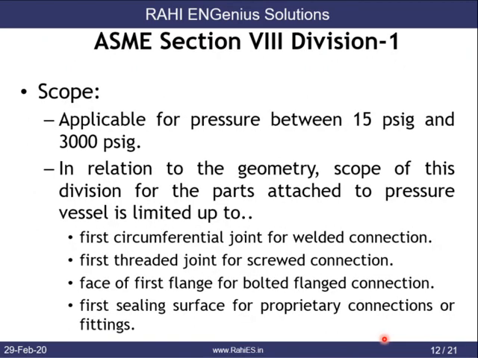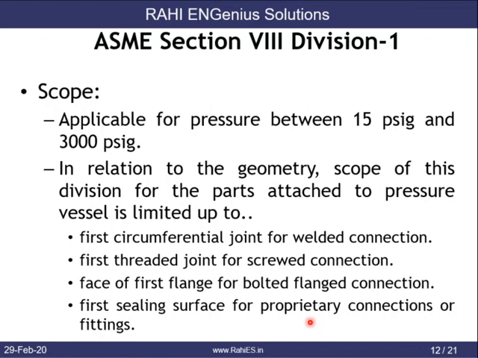Coming to Division 1, the scope. The recommended pressure range is between 15 psi and 3000 psi gauge pressure. In relation to the geometry, the scope of this division is defined as the first circumferential joint for welded construction, first threaded joint for screwed connection, first flange or bolted connection, and first sealing surface for proprietary connections.